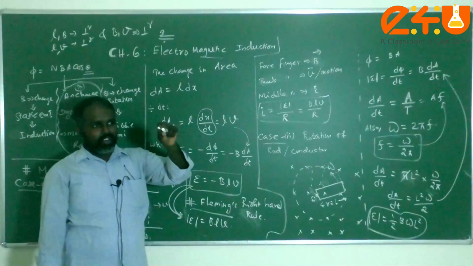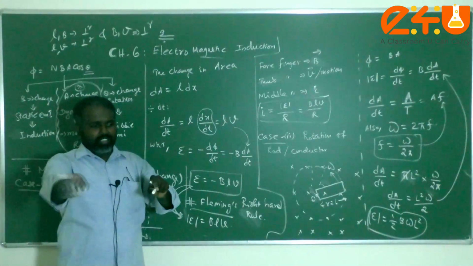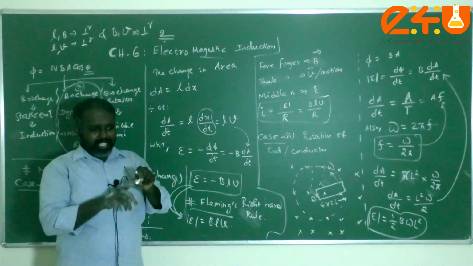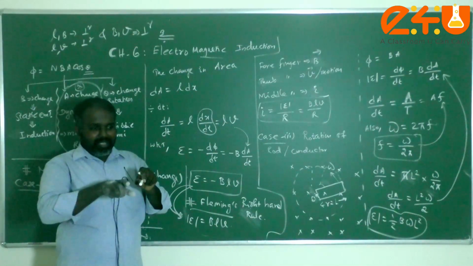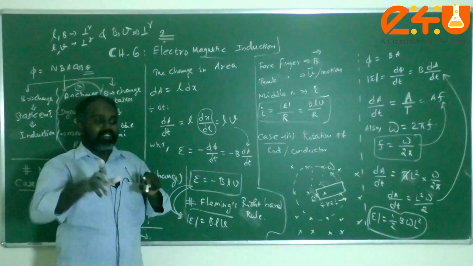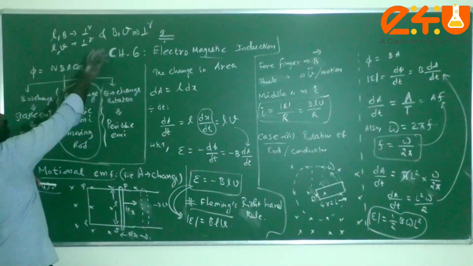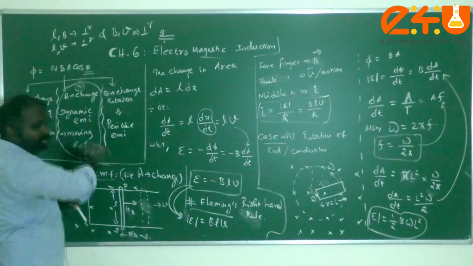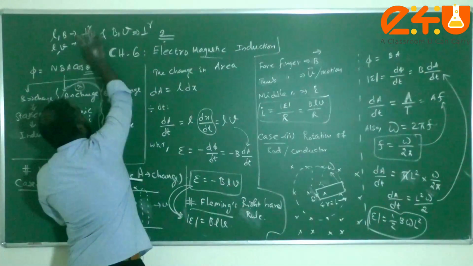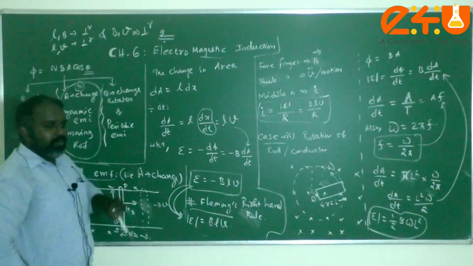Now please see that when the rod is falling down along the north-south direction, in this case length and the magnetic field are parallel with each other. So even though one is perpendicular, the remaining conditions are not satisfied. All three should be satisfied together.